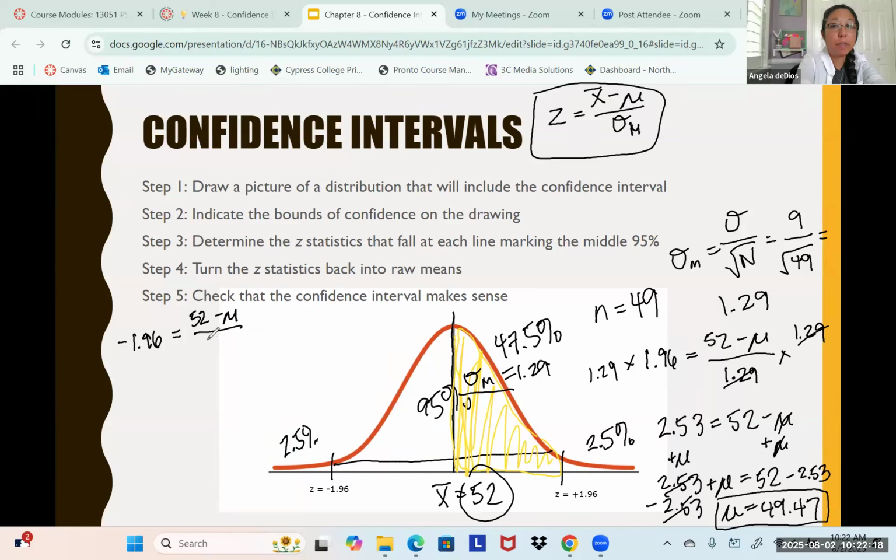Because I have a negative z value here, we're going to multiply by 1.29 on both sides. So remember, a negative times a positive is a negative number. I'm going to add mu to both sides.